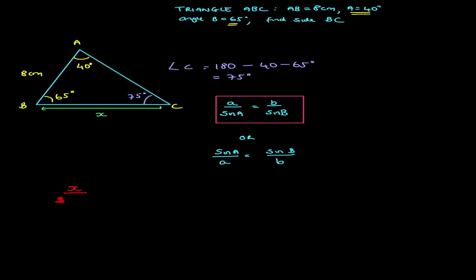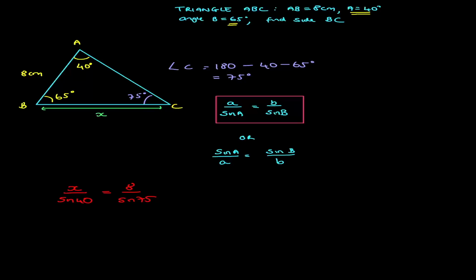So X on sine 40 equals B on sine B. Okay, the letters get a bit confusing over here. In my case, I'm calling this side B because that's the side I know, and then the angle is opposite that. So it's going to be 8, my side, over sine 75.